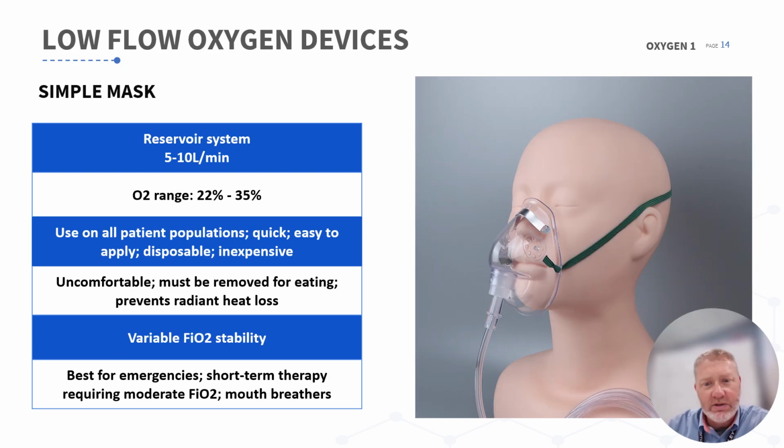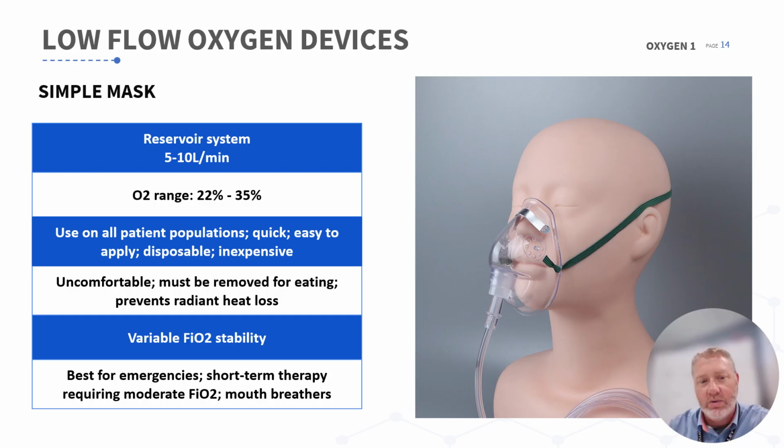For simple masks, I assume that you'll probably have those on the rig. We don't use those very often in the hospital. A lot of times, say you're picking a patient up from a primary care facility, and they didn't have all the fancy masks that we do in the hospital, so they're on a simple mask. Well, what the heck does that mean? Well, a simple mask uses a reservoir system.